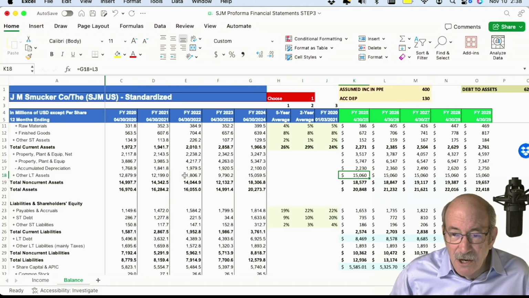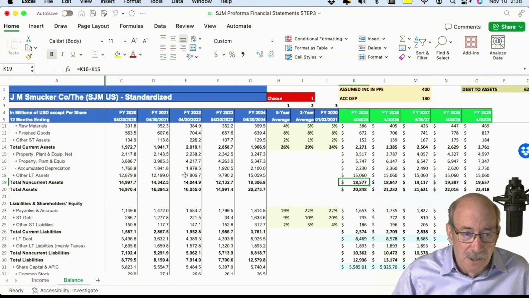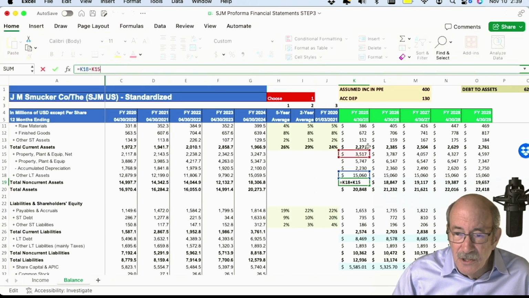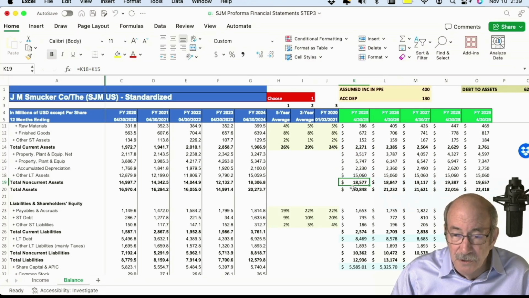So now I've taken care of all of my long-term assets. And so I want to get the total of long-term, or what they call here non-current assets. So here I'm just subtotaling. I'm just taking the net PPE and adding to it the other long-term assets, and that becomes my total non-current.